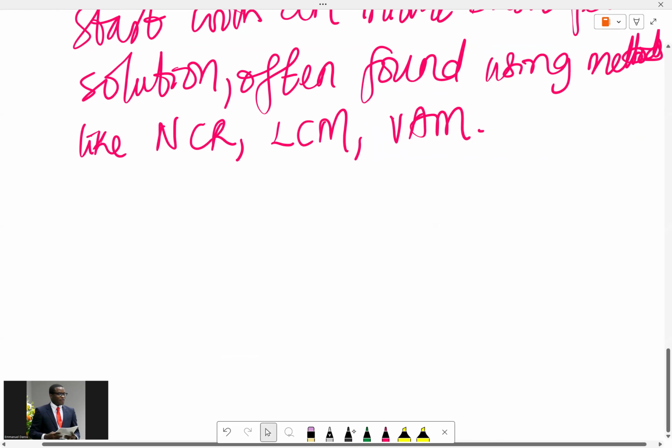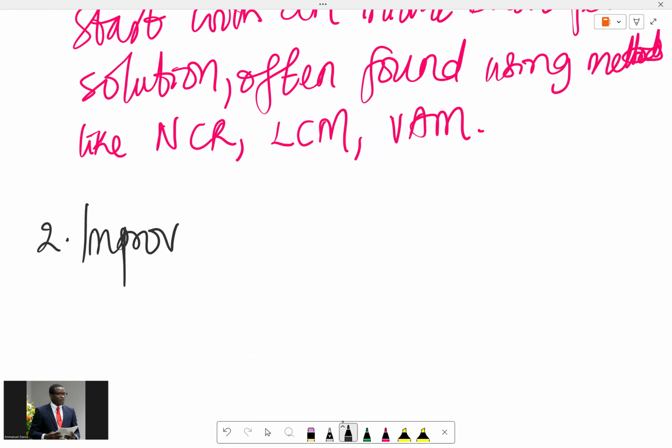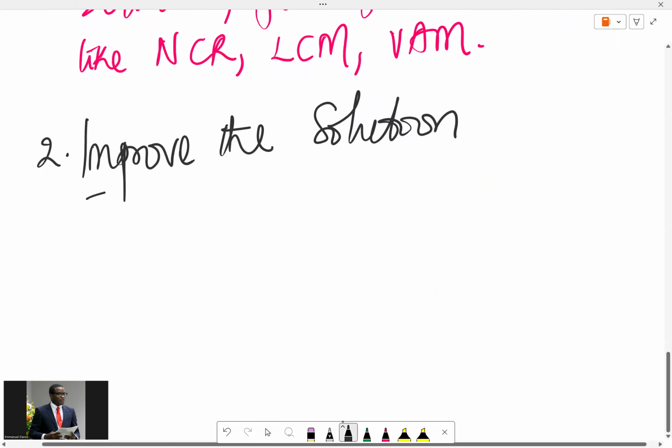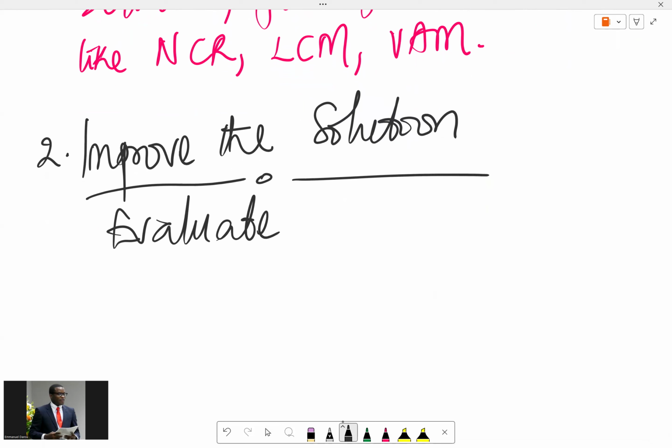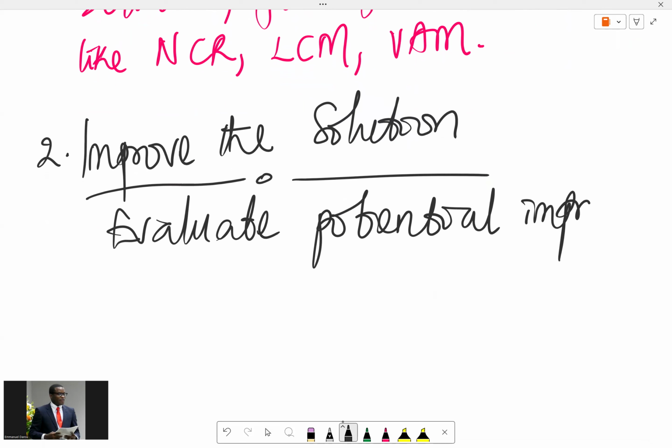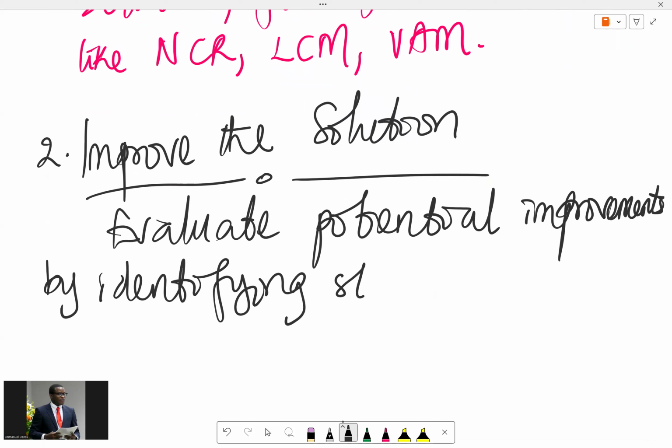Then the second step is to improve the solution. Here you evaluate potential improvements by identifying stepping stones.